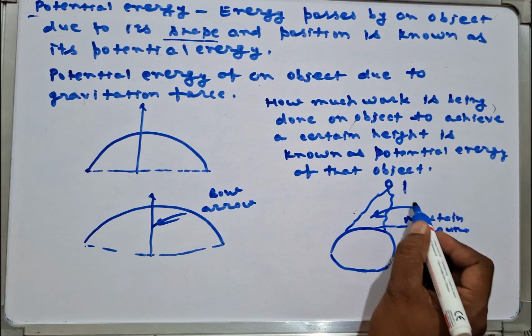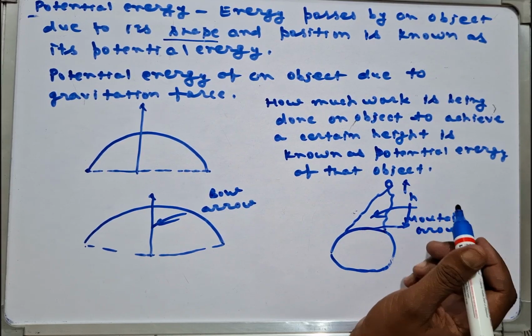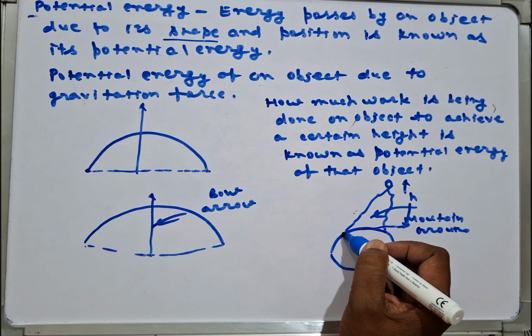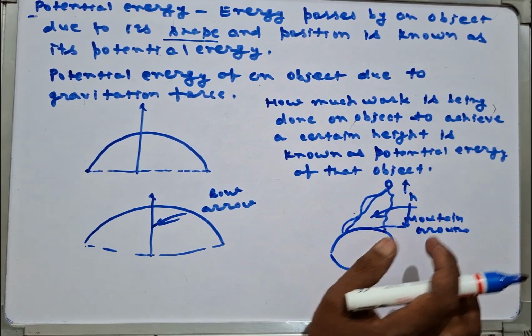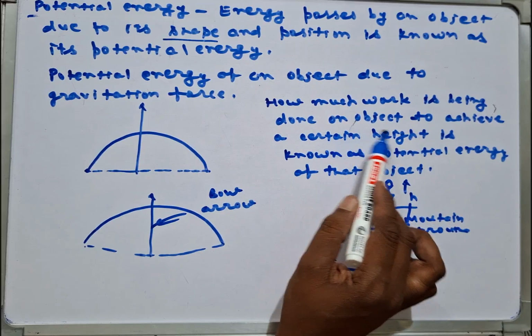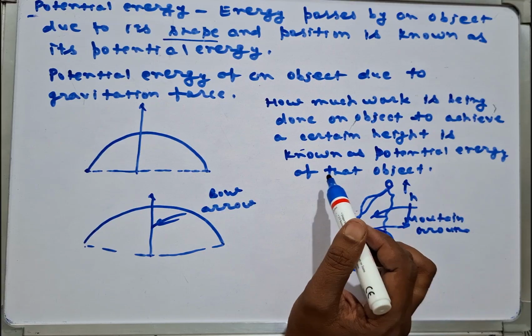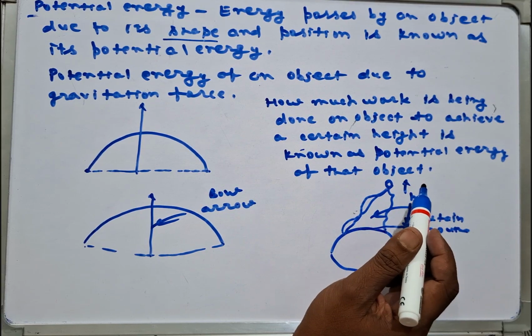Or this one at height h from the ground, so it does not mean how you go from here to here. It is equal to how much work is being done on an object to achieve a certain height, which is known as the potential energy of that object.